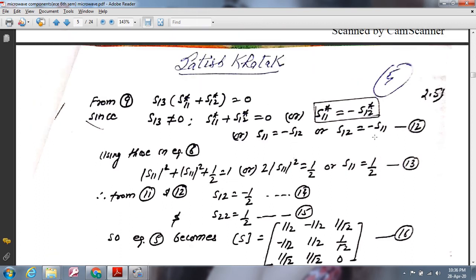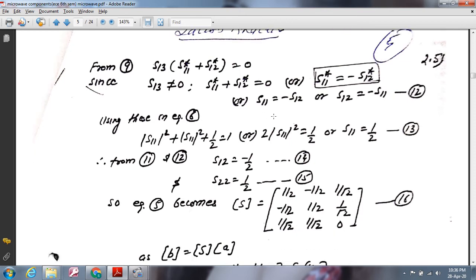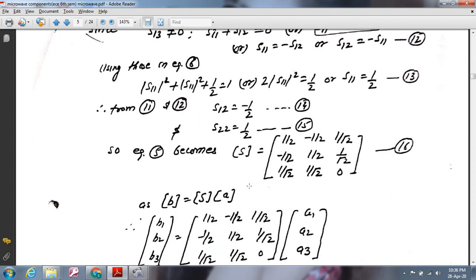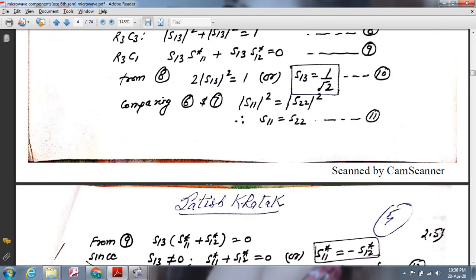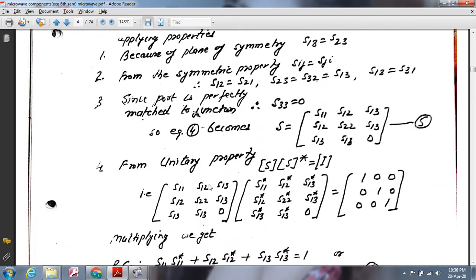So if S11 is 1 by 2, then as we see here equation number 12 giving a relation between S11 and S12, where S11 is equal to minus S12. So if our S11 is half, then S12 will be minus 1 by 2, and S22 will be equal to 1 by 2. So now we have all unknown S parameters.